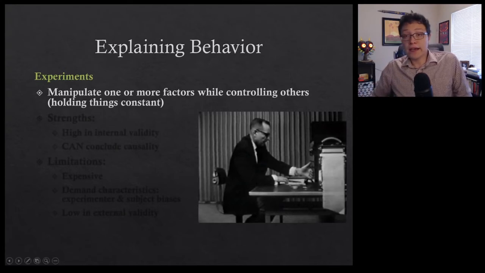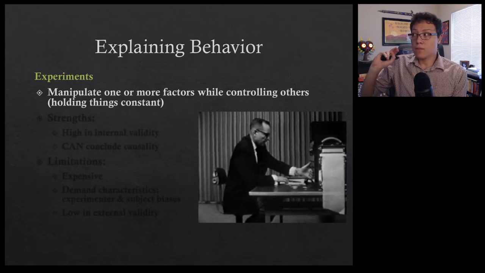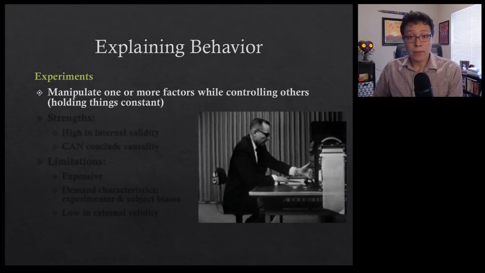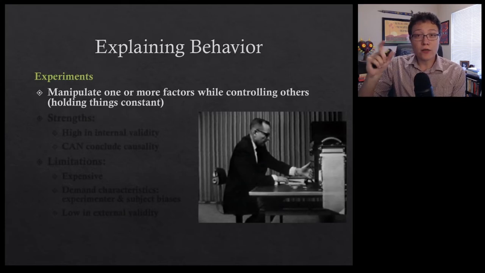Some other things included having the learner, or the person being shocked, in a different location who couldn't be heard even through an intercom. And what we're doing there is we are only changing one little thing about these different experiments to help us understand what the differences are and if those variables themselves are causing changes.